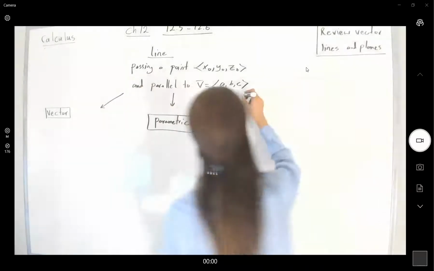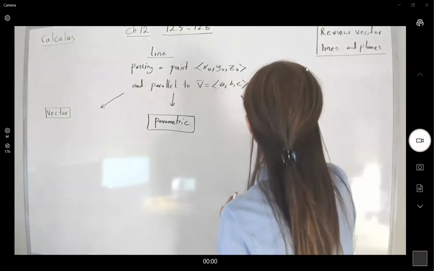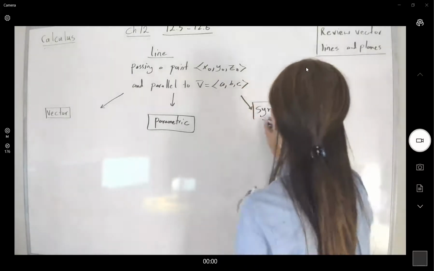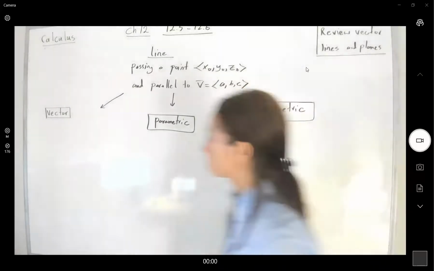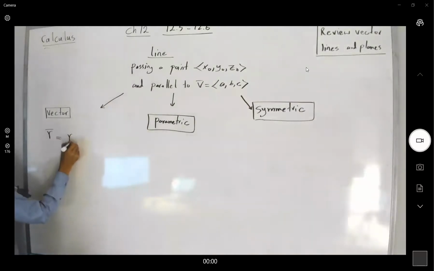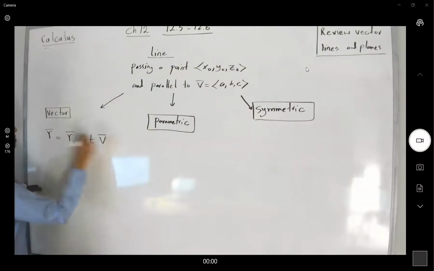And then we have the symmetric representation of the line. In the vector representation, we have the notation vector R equals vector R sub 0 plus T times V.